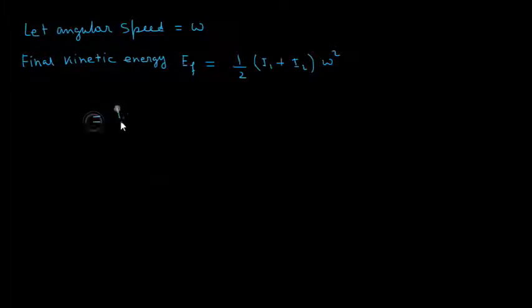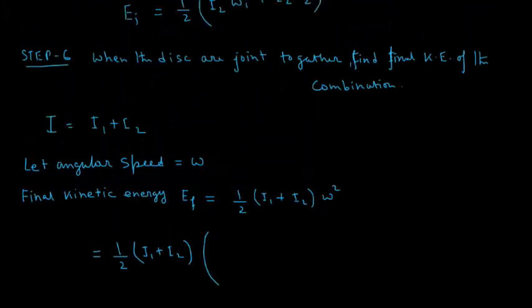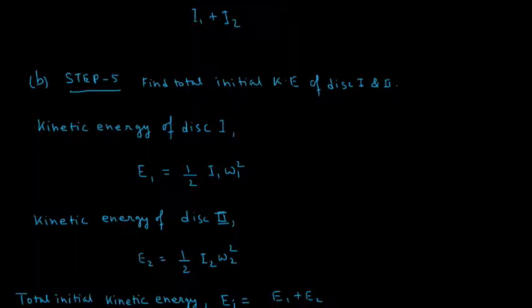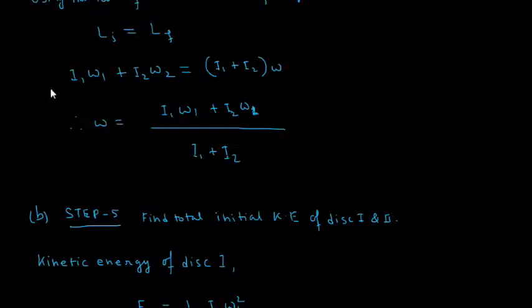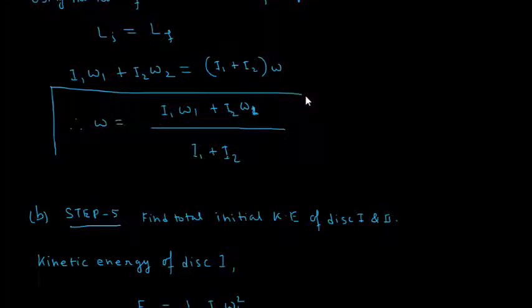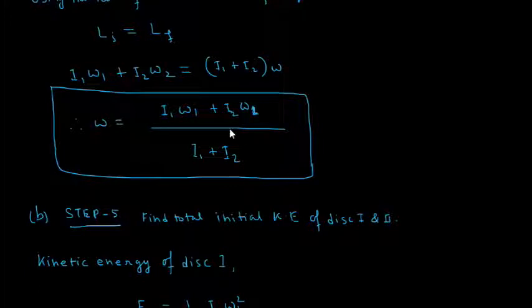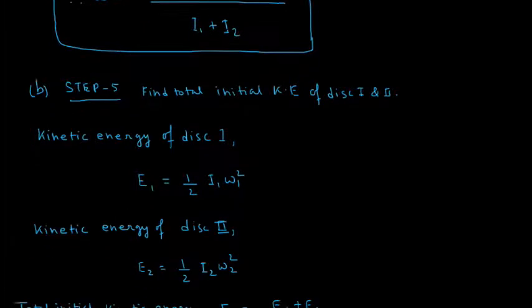Now half (I1 plus I2) omega square. We have found the value of omega in our previous part, so we'll put this value of omega there: (I1 omega 1 plus I2 omega 2) upon (I1 plus I2).